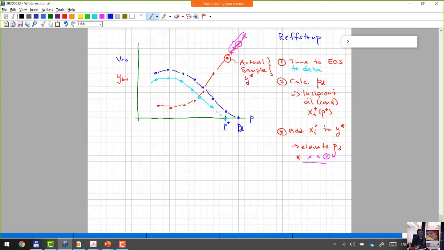You have to do a distribution of the heavy ends in that gas at P star, and when you create the incipient oil from the dew point calculation, depending how the C7 plus components in the gas have been treated, you can get different oils. But yeah, it could very well be a heavier oil, so to speak.